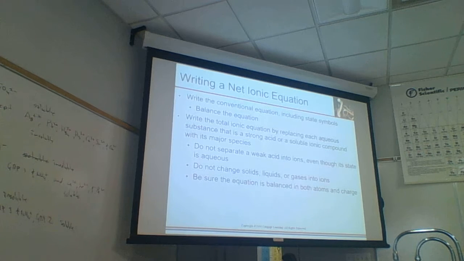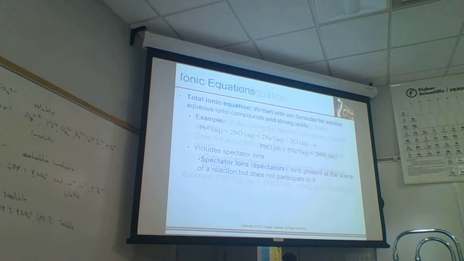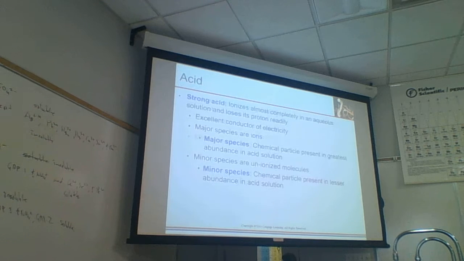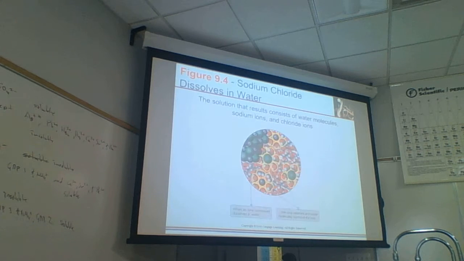Two, does it break apart when it dissolves in water? Okay, to answer the first question, is it soluble, we need the solubility rules. This is the solubility rules for what we call ionic compounds. There's one more set of solubility rules that aren't listed here. But the one more set is solubility rules for molecular compounds.